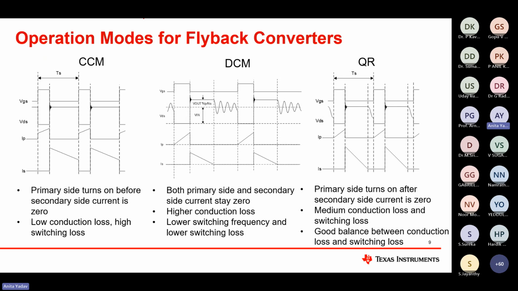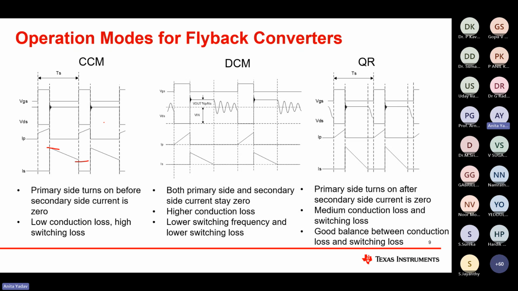We can see that the secondary side current already has some offset; it doesn't go fully to zero as in the second waveform. Again we get the next PWM signal and it starts conducting. So in CCM, to understand it in a very simple manner, the complete amount of energy stored in the transformer is not able to get transferred completely to the secondary side.